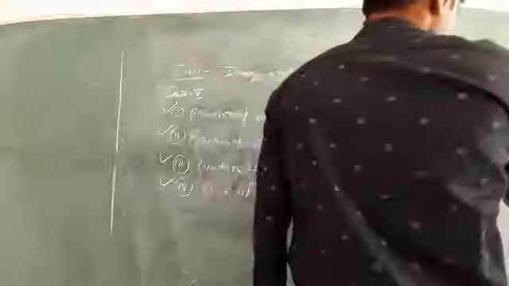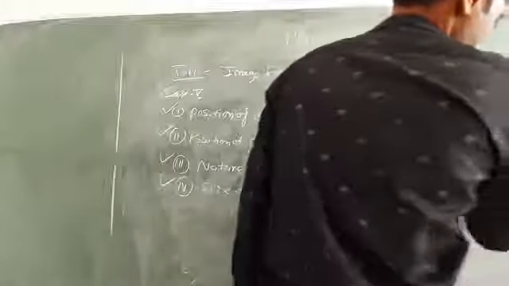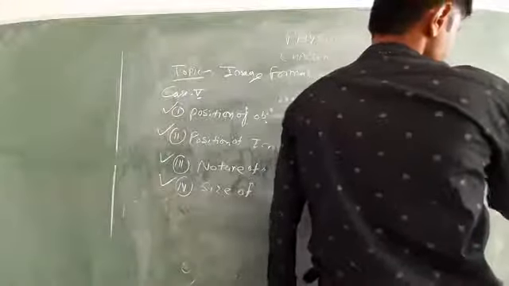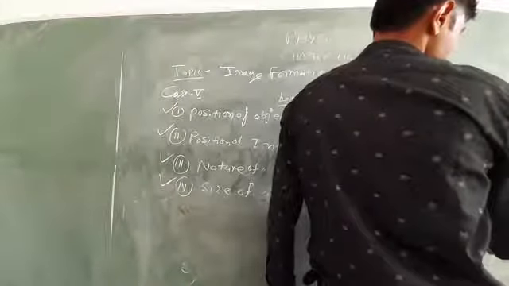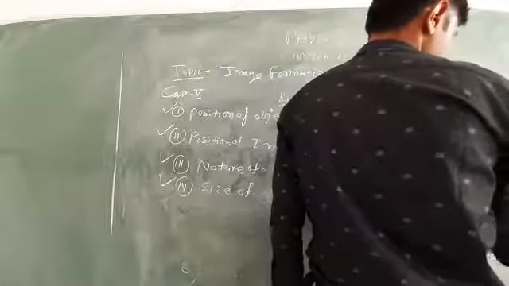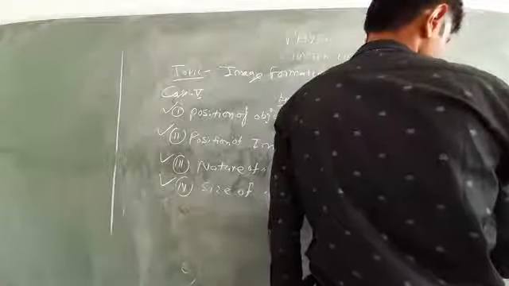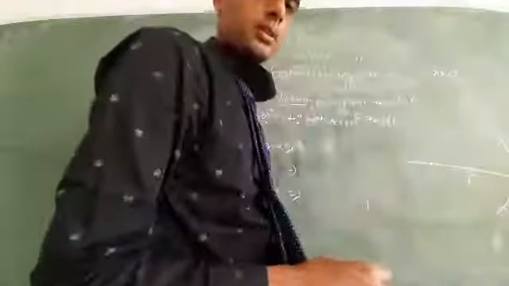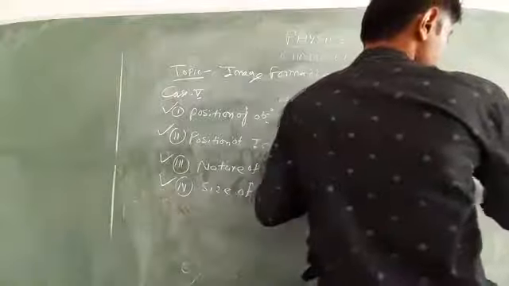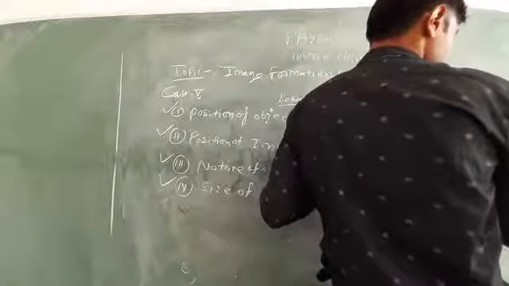So for the ray diagram, draw a concave mirror. This is the focus point, this is the center of curvature. In this case, the position of object is between pole and focus point.